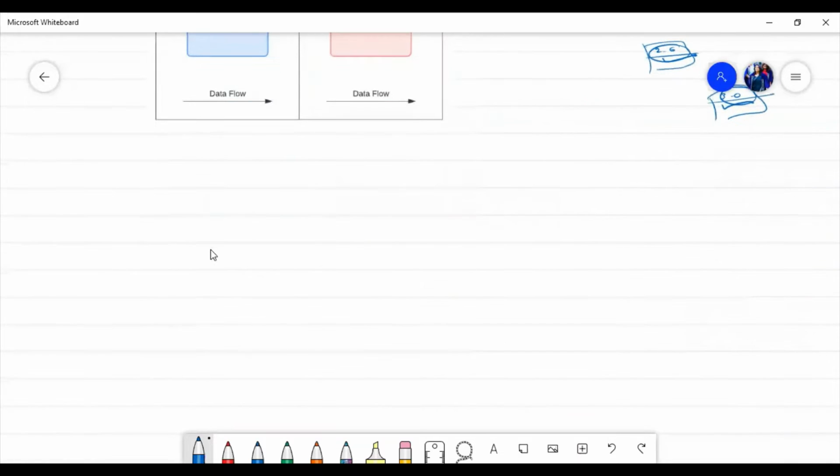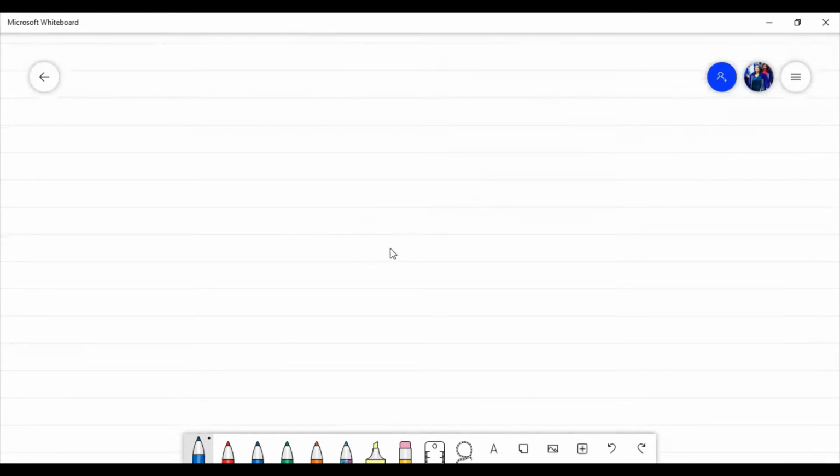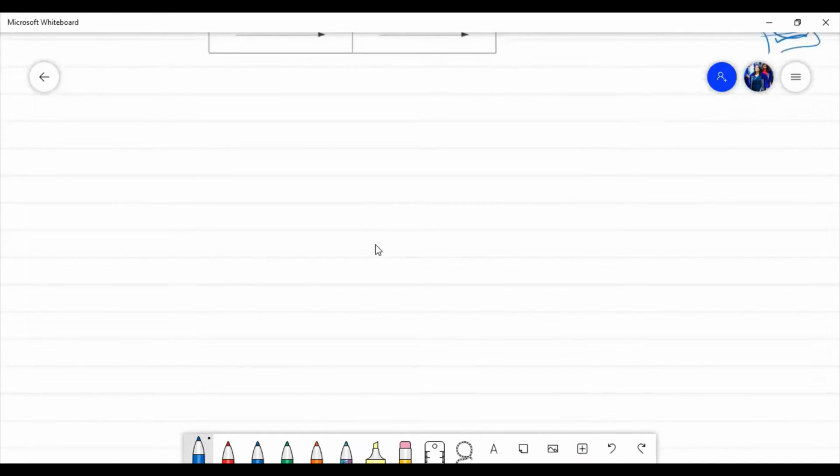Right, so let's see. As I told you, we are supposed to learn about 2 types of diagrams. One is the context level diagram, the context diagram. This context diagram has another name. We can call it a DFD level 0 diagram, right?